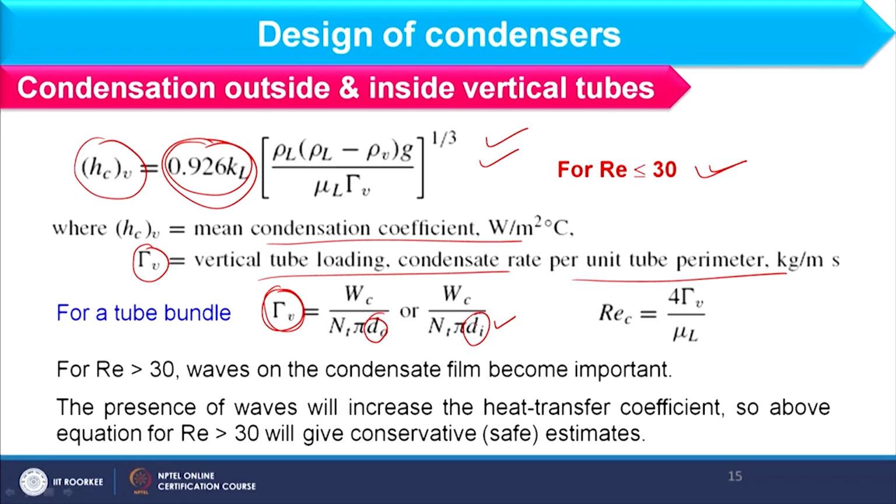Based on that you consider different tube loading, however you can use the same expression, only the tube loading differs, okay. And once I have that tube loading, I can find the Reynolds number based on this expression. So we can use the same expression for a vertical condenser, whether condensation is occurring on the tube side or in the shell side, right.